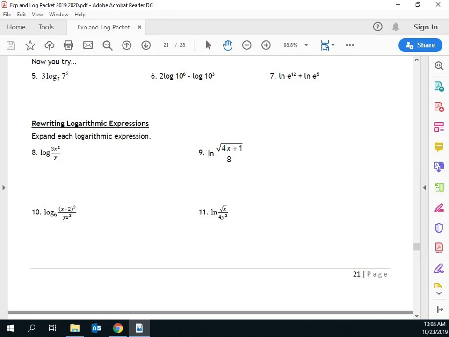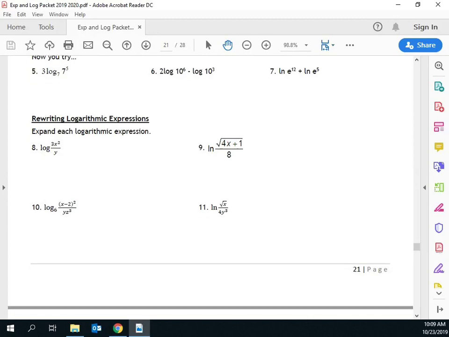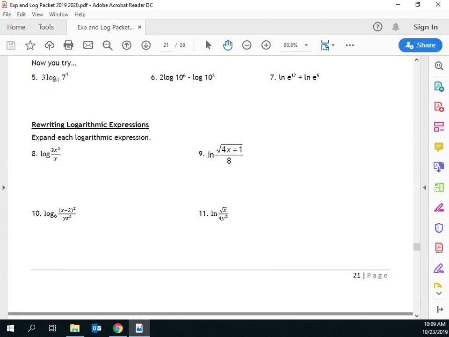So if you look, it's 3 times x squared divided by y. Do you see that? Anytime I say times, I'm going to add. Anytime I say divide, I'm going to subtract. So, log of 3, and I said times x squared, correct?